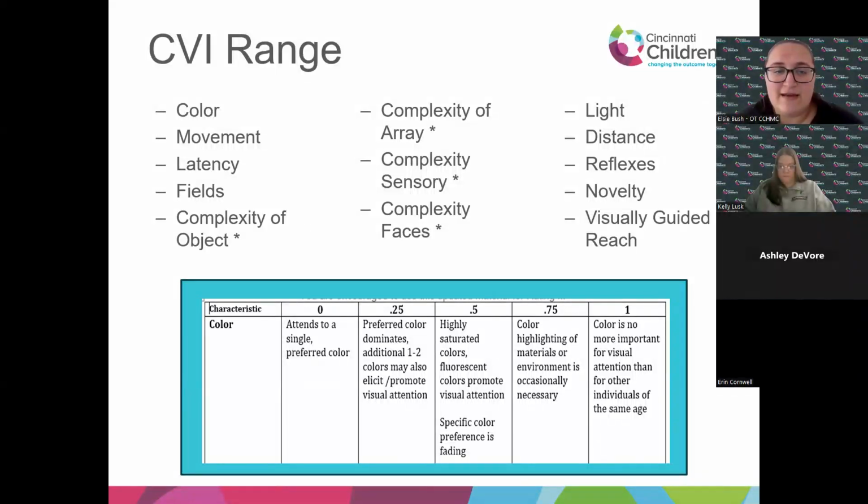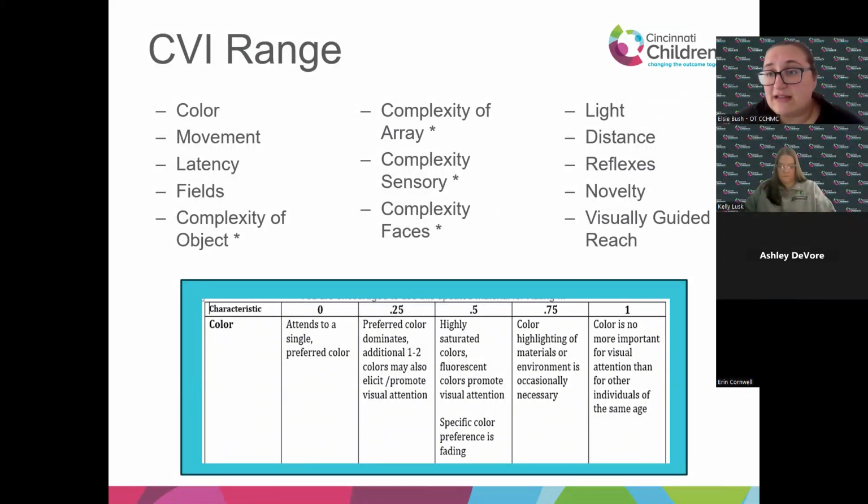Complexity of an object is how many colors a toy or an object may have where they can still focus on it. Complexity of array is how many things can be out at a time where they can still visually focus or locate something. Complexity sensory means if there's other competing sensory background information while they're trying to focus, can they focus visually still? So do noises distract them from using their vision?